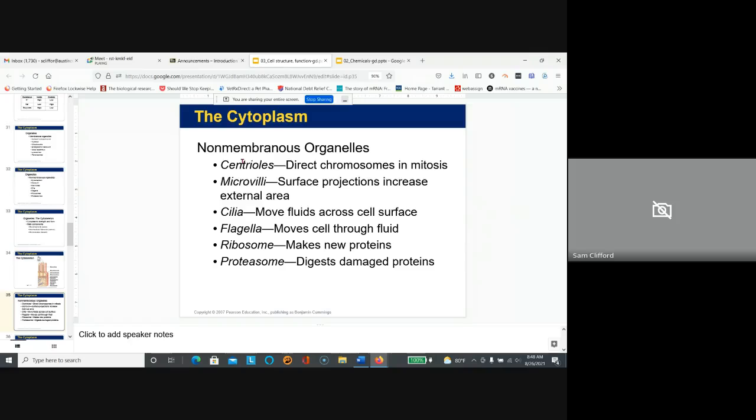These other non-membranous organelles are centrioles, microvilli, cilia, flagella, ribosomes, and proteasomes. Proteasomes digest damaged proteins. Here's the function of centrioles, microvilli, cilia, flagella, and so on.